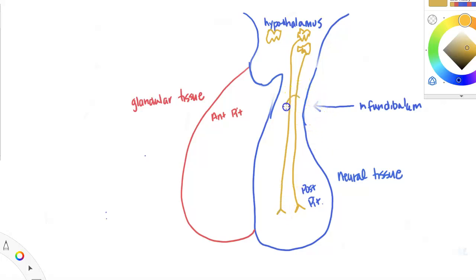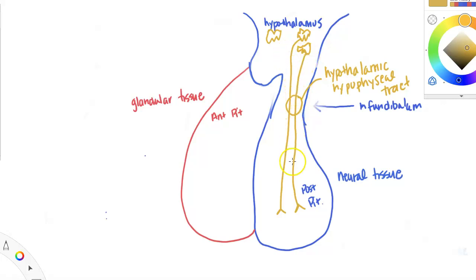This area here is what we call the hypothalamic hypophyseal tract. Because we know that a tract, if we remember from last semester, is a bundle of axons in the central nervous system. So the hypothalamic hypophyseal tract.